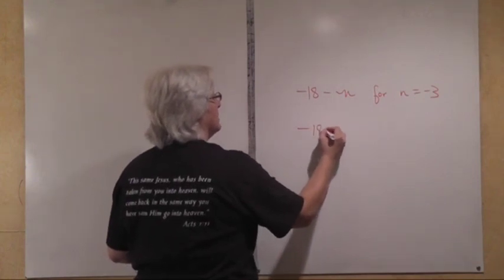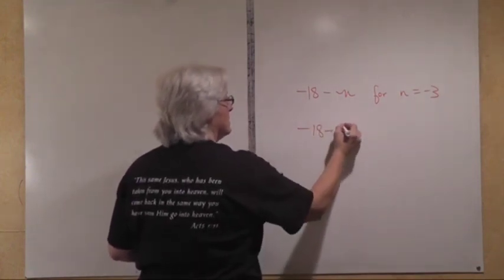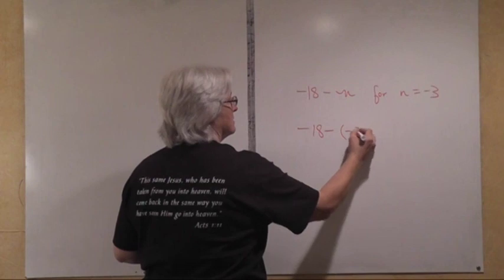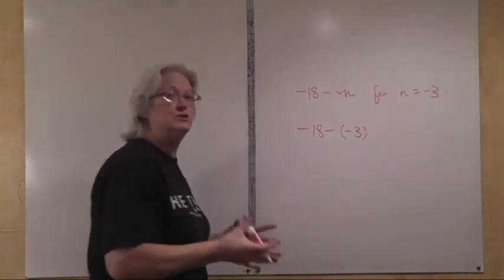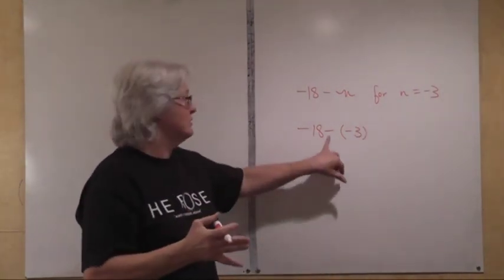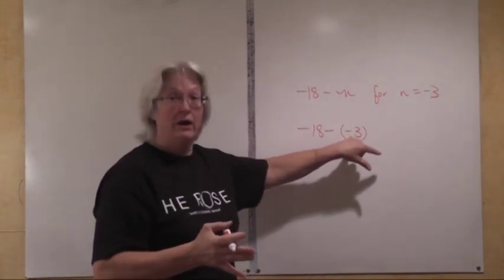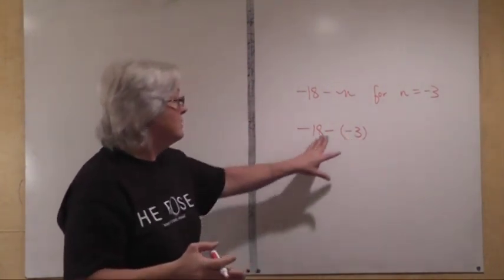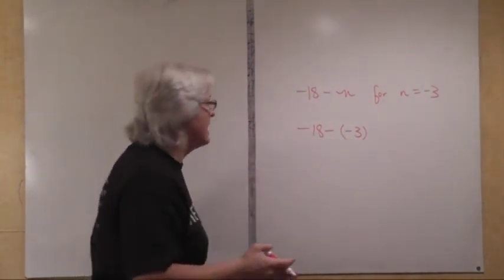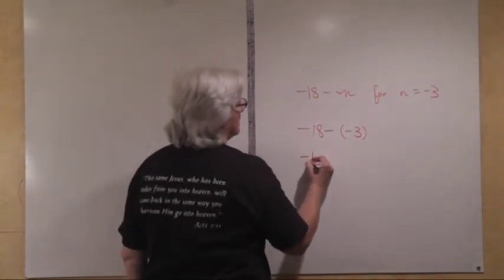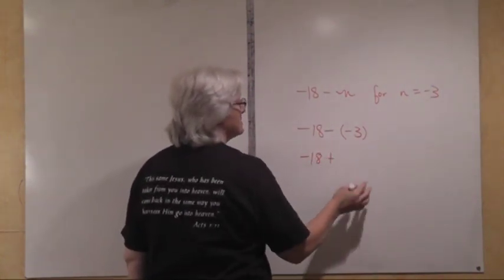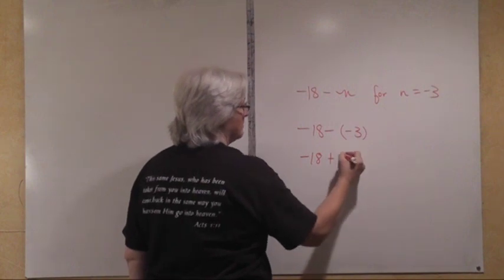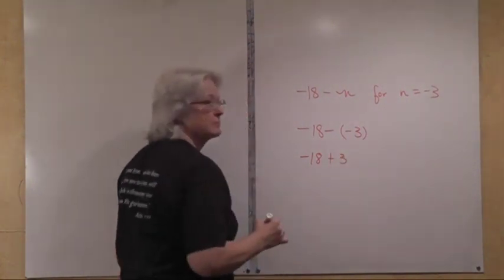Negative 18 minus, in parentheses, negative 3. It jumps out at you that you are subtracting a negative number. Subtraction is the same as adding the opposite. Negative 18 plus the opposite of negative 3, which is a positive 3.